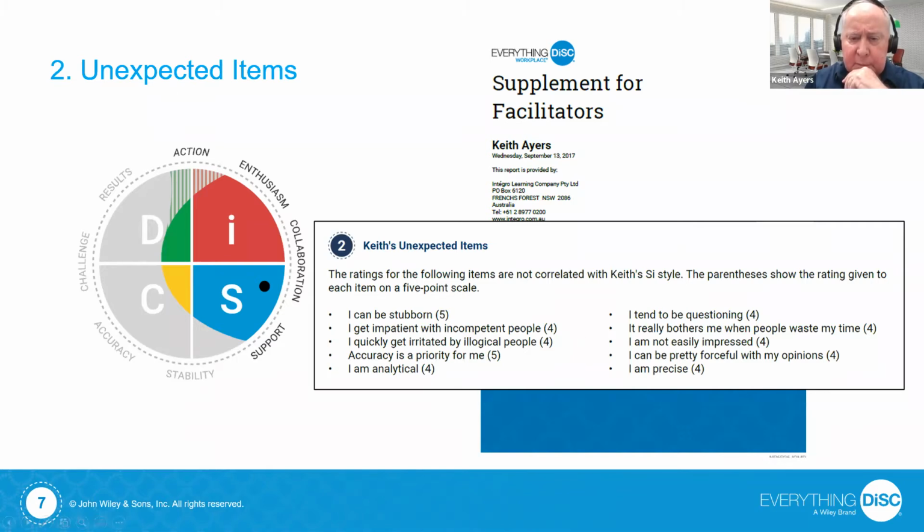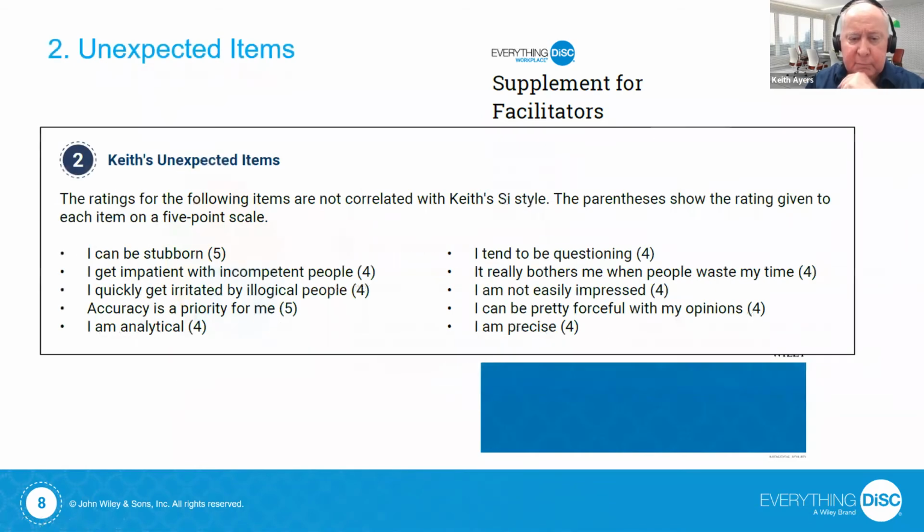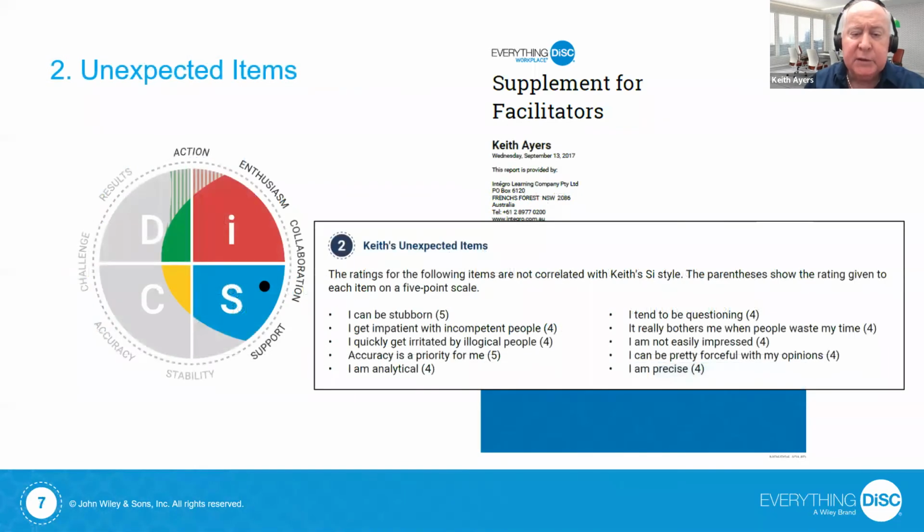Okay, I'm going to come back to my other screen here and move forward. These are my 10 unexpected items. Okay, I should add, if you've printed this report and you've got a 1 or a 2 in brackets after it, that's because you disagreed with something that you're expected to agree with.